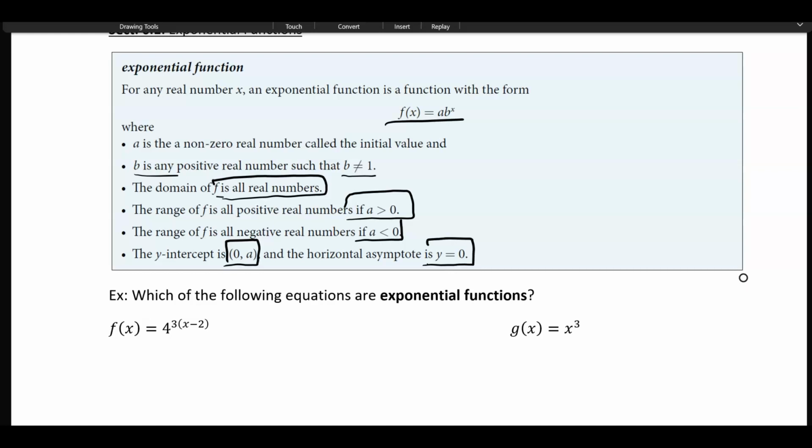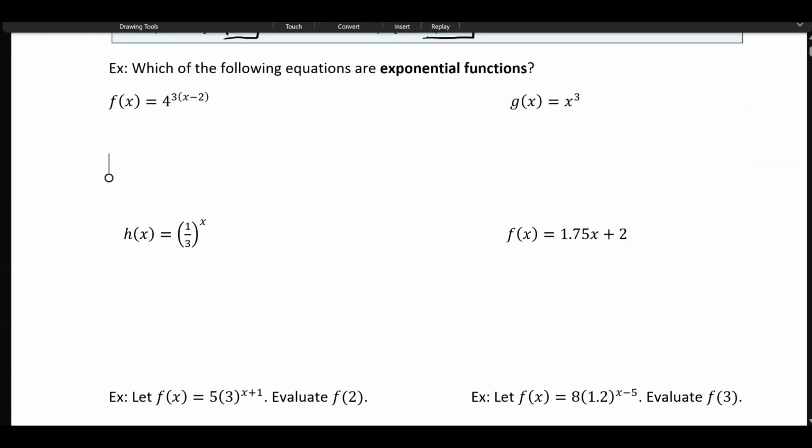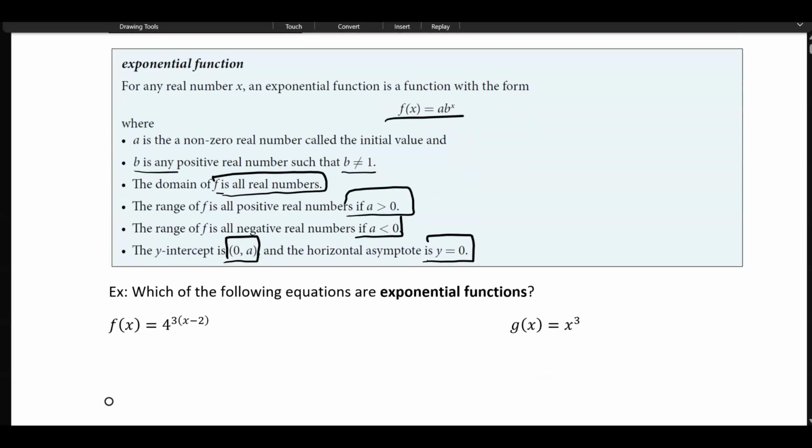Now, from time to time, we can see the function looking as y is equal to ab to the x. So remember that a is our coefficient. x becomes our variable up here.